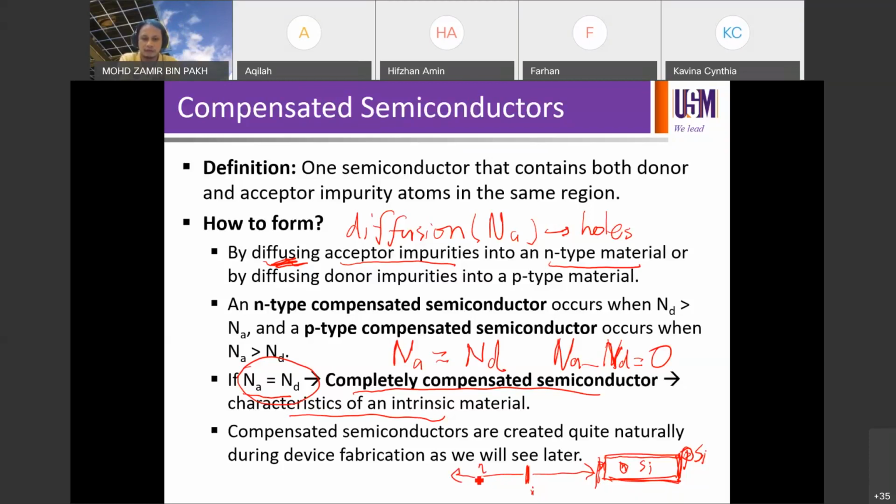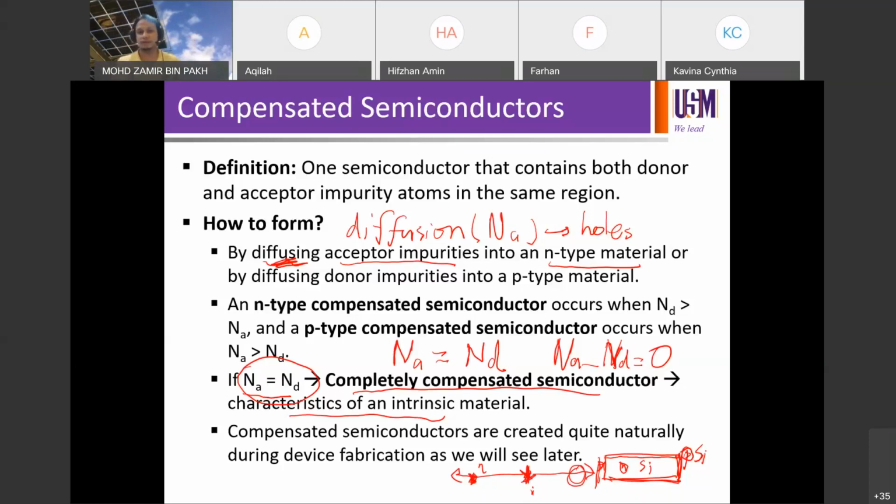So you start off here with an n-type wafer, option number 1. Option number 2 is you start here, intrinsic. You want to achieve p-type. Which one is easier? Neutral, right? You start off intrinsic, it's undoped. Logically, it's easier to achieve from undoped compared to compensating your semiconductor.